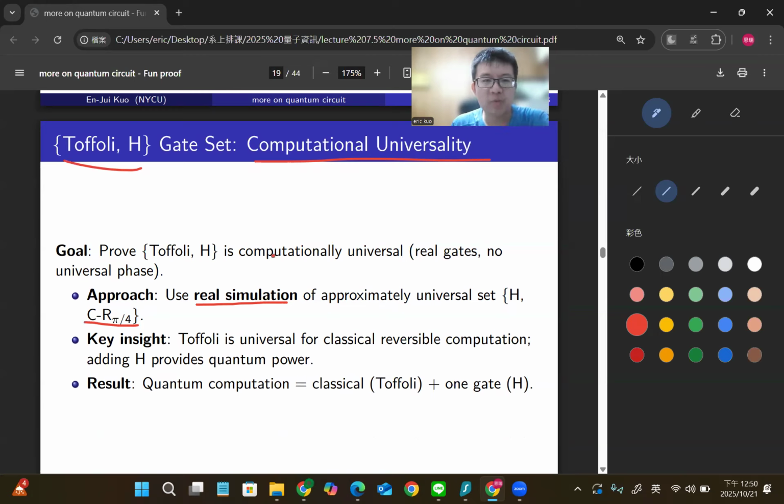Why this result is interesting is because it tells you that Toffoli gate and Hadamard gate are approximately quantum universal, but Toffoli gate is classical, right? So that means the whole quantum computation is just the original Toffoli gate, which is universal for classical, but you add the power of superposition.